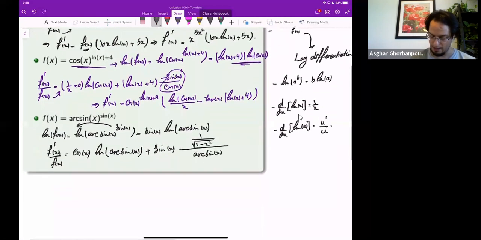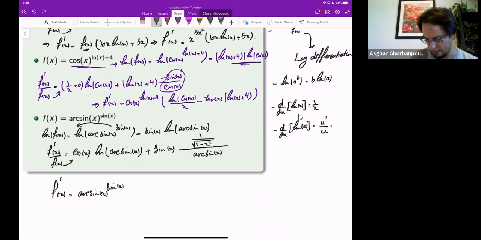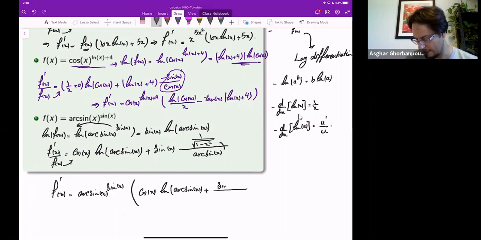And well, this will give me f prime x is equal to, I multiply f to the other side, which is arc sine x to the power sine x times cosine x ln of arc sine x plus, here I have, you see, I can multiply this and write it as sine x over arc sine x times root of 1 minus x squared.